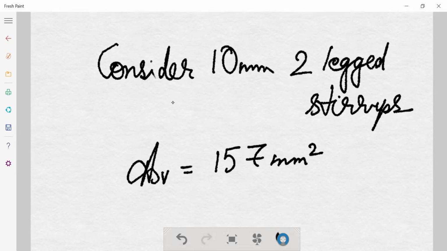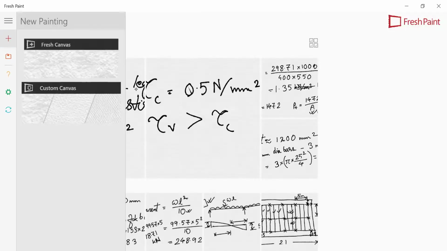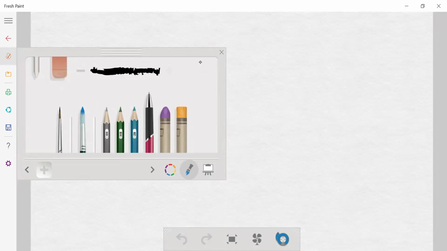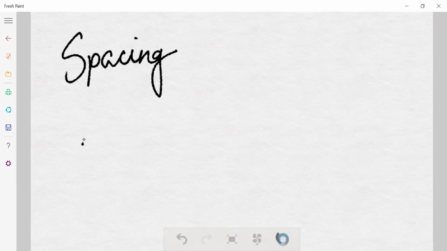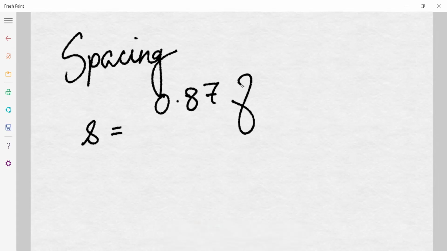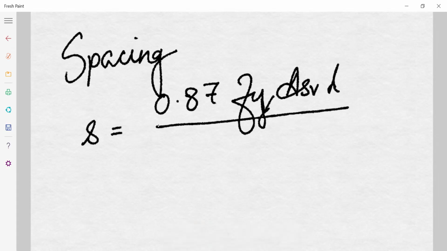So the spacing S is 0.87 FY ASV D by VUS. VUS means the applied minus capacity.